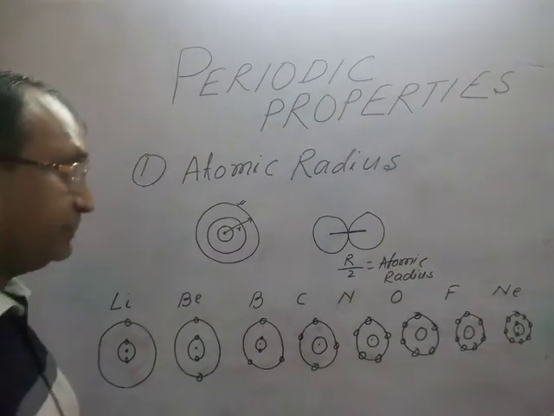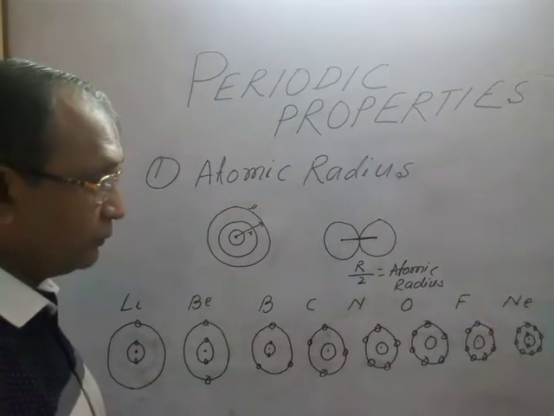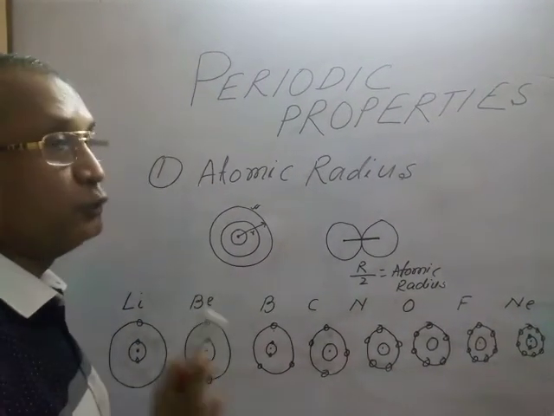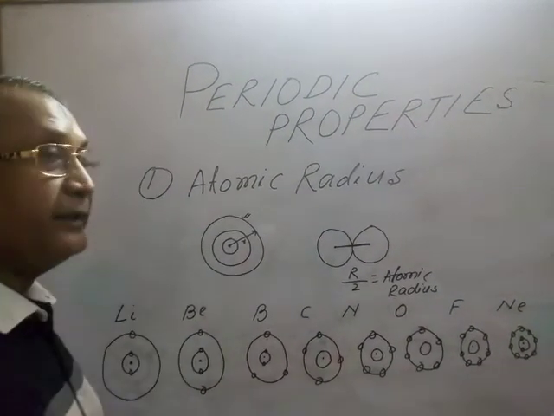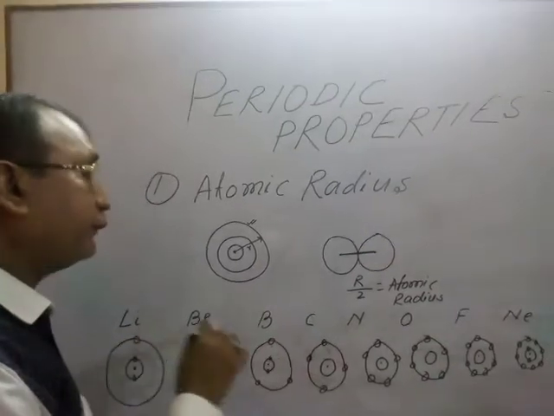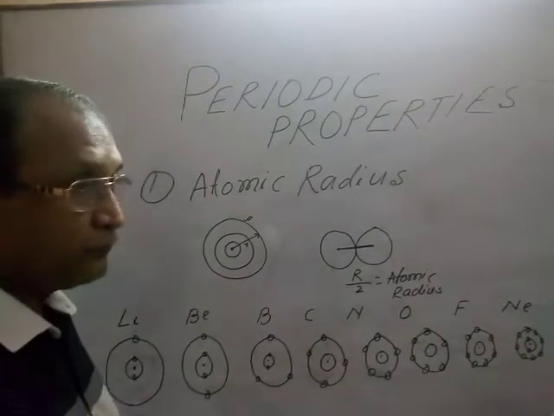Here what we see is that in all these atoms there are two shells, and the number of electrons increases from left to right in the same shell.